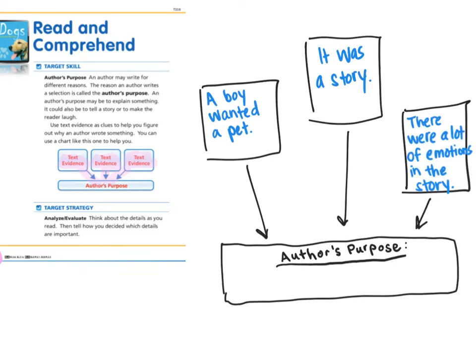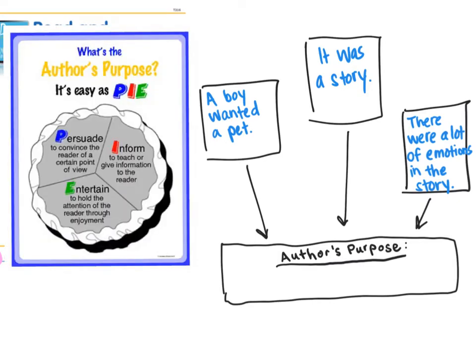Looking at these three things about Henry and Mudge and thinking back to our pie, what was the author's purpose for writing Henry and Mudge? The author's purpose was to entertain us with the story about a boy who wanted a pet and had a lot of emotions. We were engaged while listening to it.